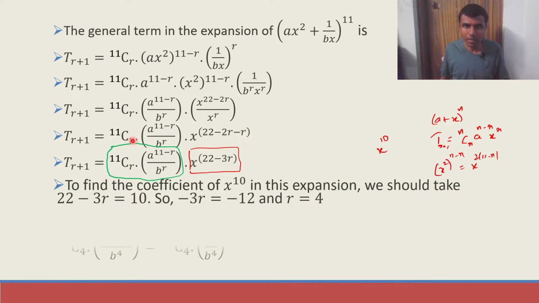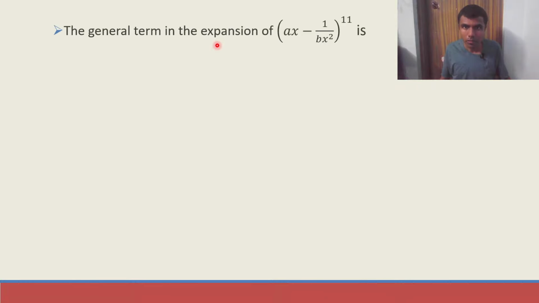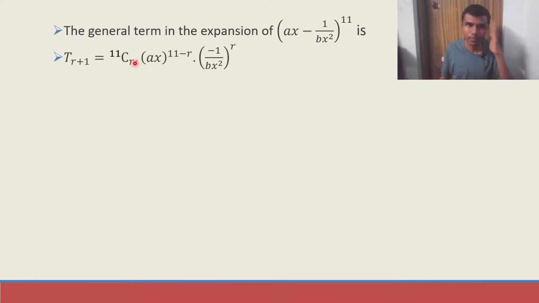Fine. So our second expansion, the same process. For the second expansion also, we are going to find out the general term first, get the x power, equate it to minus 10. Same process. Now for this, again nCr, in this the first term is ax, so (ax) power 11 minus r. The second term is minus 1 by bx square.